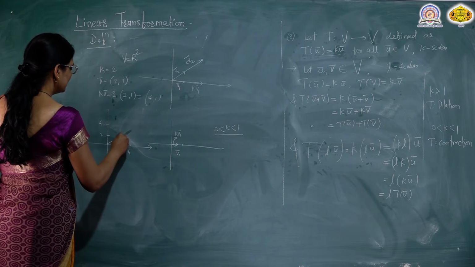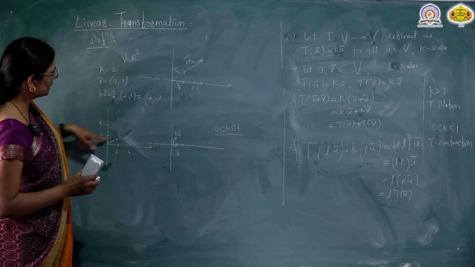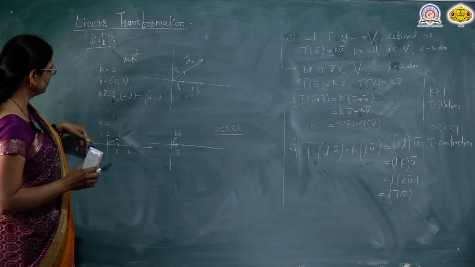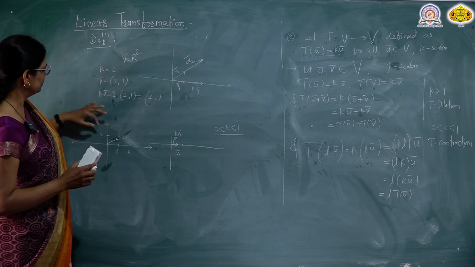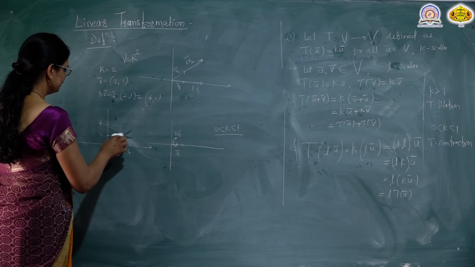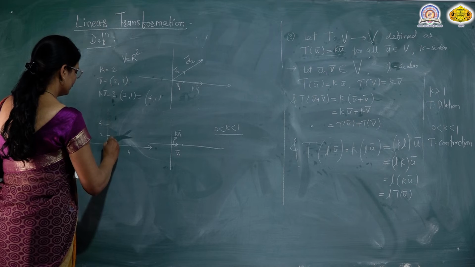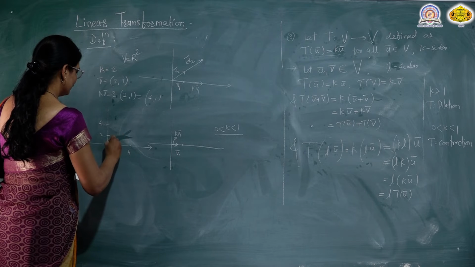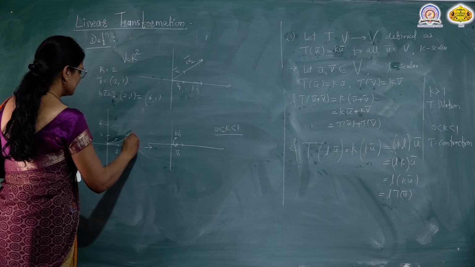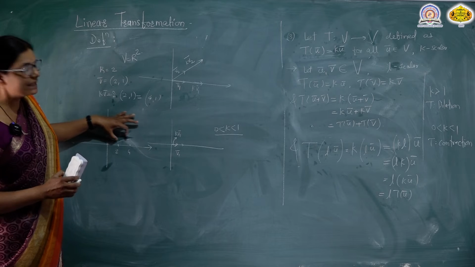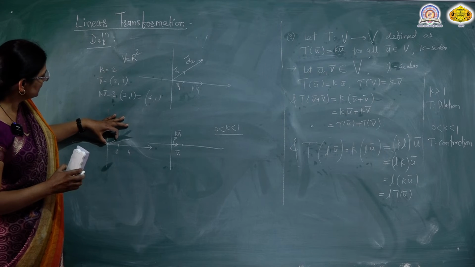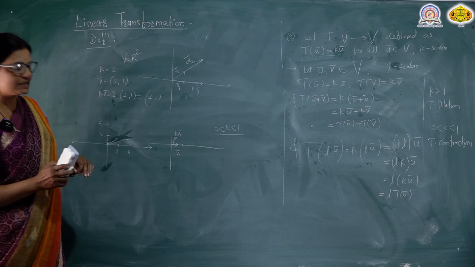If you draw the diagram using the graph, you can observe the relation between these two. This is the first vector and this is the second. Just compare their lengths. The length of the first vector is smaller than the length of the second vector.